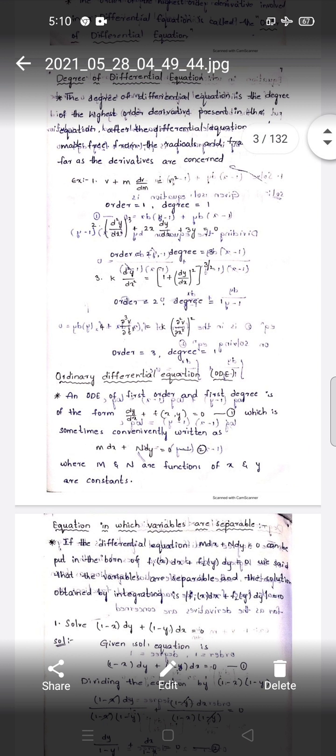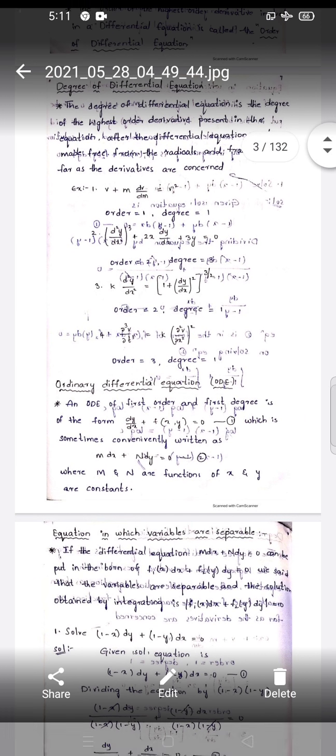So this is also an equation of variables separable.